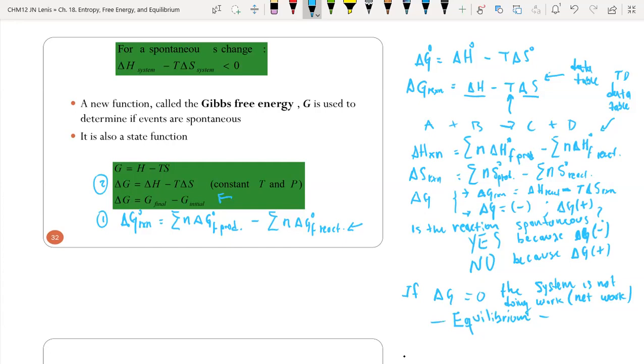And how do you make the system work? You need to make delta G less than zero. Delta G must be negative. So I'll show you how to figure out those conditions.